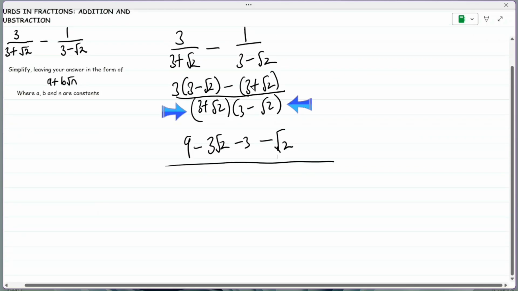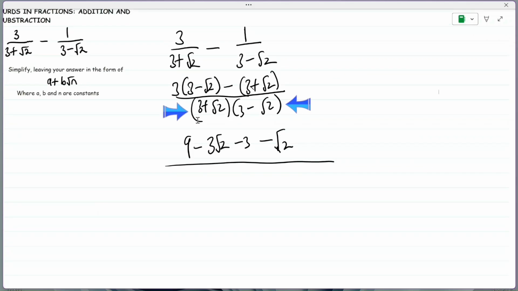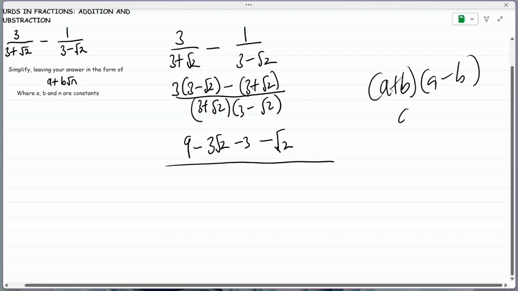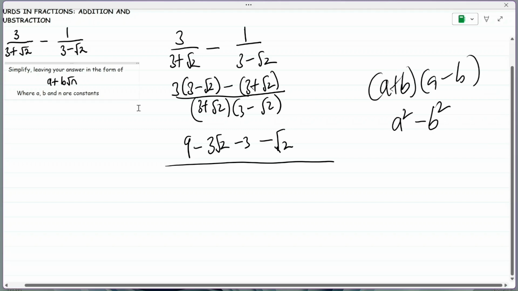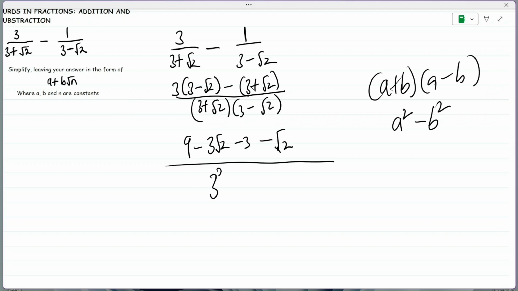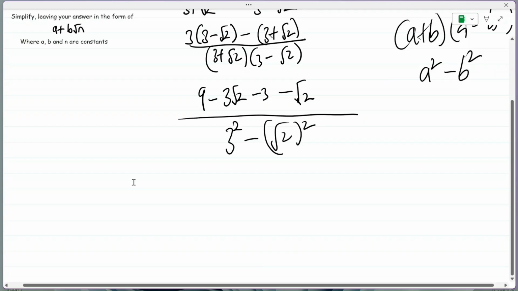Next, we know that this is a difference of two squares. The concept behind difference of two squares is a plus b, a minus b, the same thing as a square minus b square. Now, the a in this case is 3 and the b is root 2. So we have it as 3 square minus root 2 square. At the numerator level, we collect like terms.